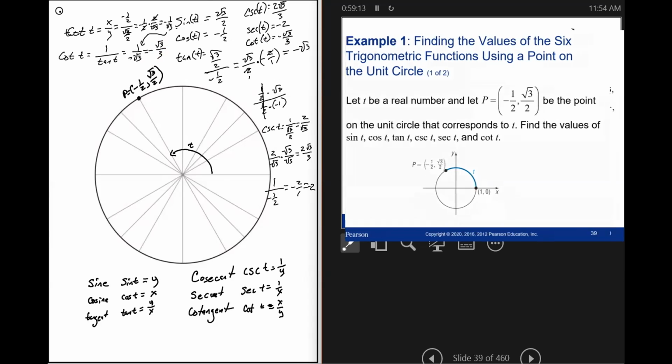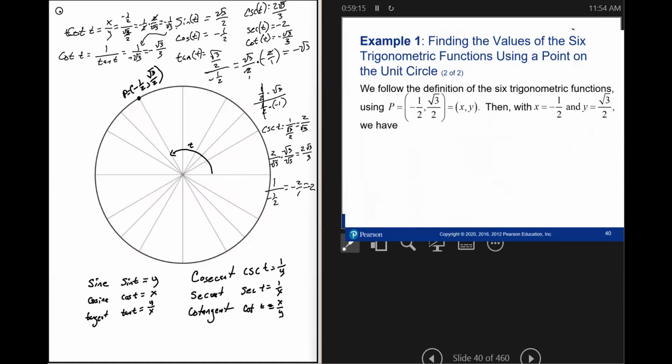And the textbook shows you this without showing you any of the calculations. And so the sine, the cosine, and the tangent were pretty straightforward. They set up the fractions like on tangent, but didn't show the computations they did to get the negative square root of 3. I will show you the computations because it's easier to understand what's going on there.